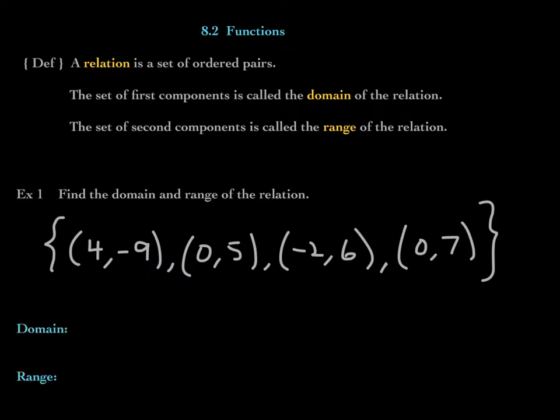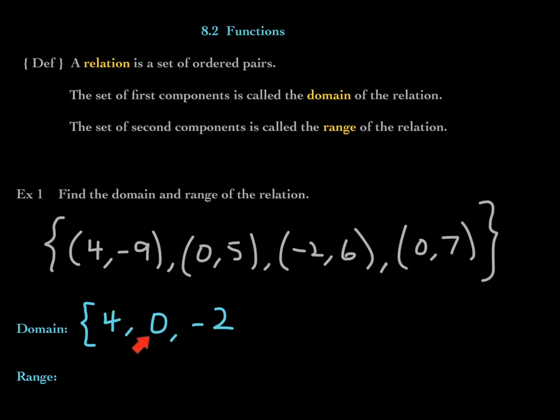Now, because the domain is a set, that's what the definition says, I will start writing my answer using set notation. Braces. Now, the set of first components for the domain would be 4, 0, -2, 0. So those are my entries. 4, 0, -2, and 0 again.